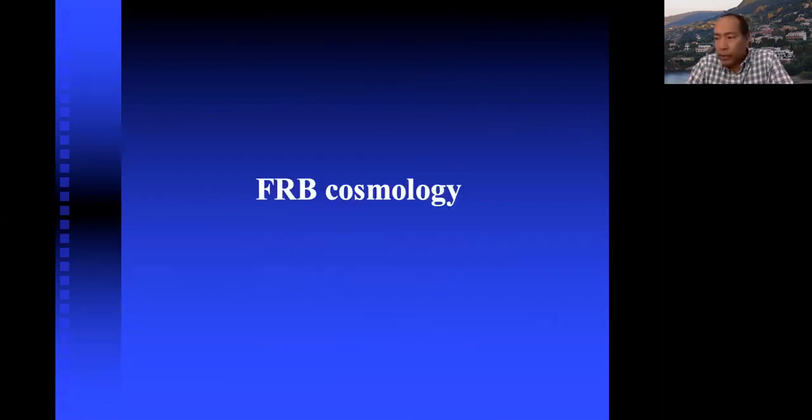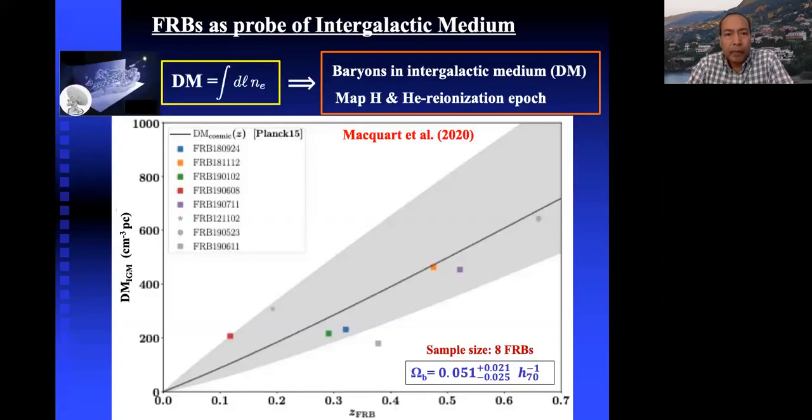So let me turn to FRB cosmology for the remainder of the time we have here. What FRBs give us, which is unique, different from any other astronomical source, or almost any other astronomical source, is that we have the column density of electrons between the source and us.